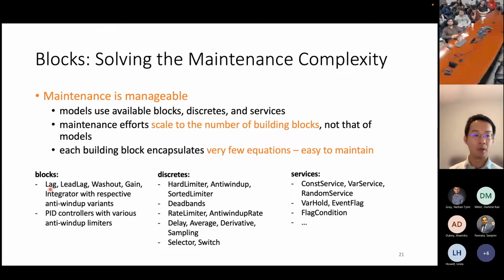So we provide a lot of blocks like lag, lead lag, washout, gain, integrators with respective anti-windup variants. For the discontinuous blocks, we have hard limiter, anti-windup limiter, deadband, rate limiter, etc. And we also have services, which, if you're interested, are used to implement any arbitrary irregular calculations, such as flagging a low voltage event or holding a variable for a number of seconds, etc. So overall, the maintenance complexity has been significantly reduced.